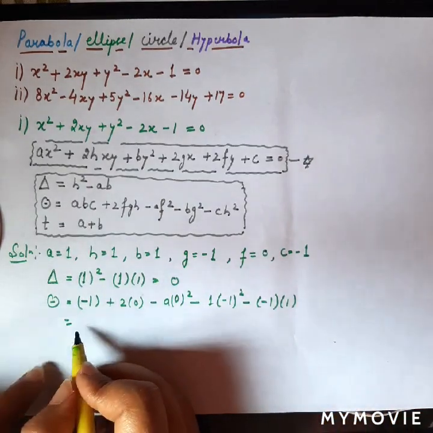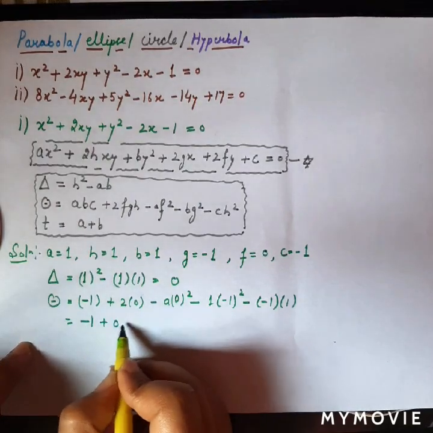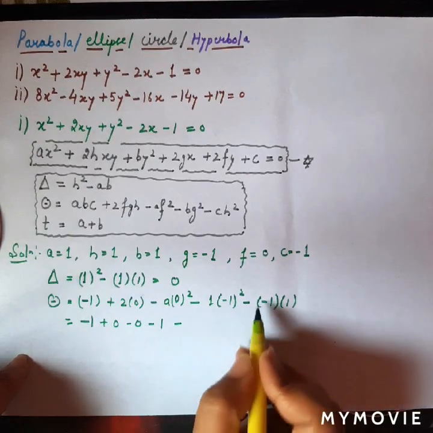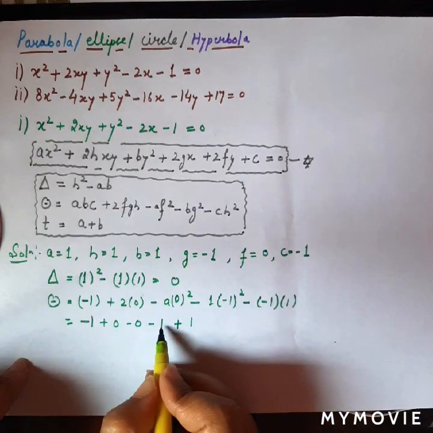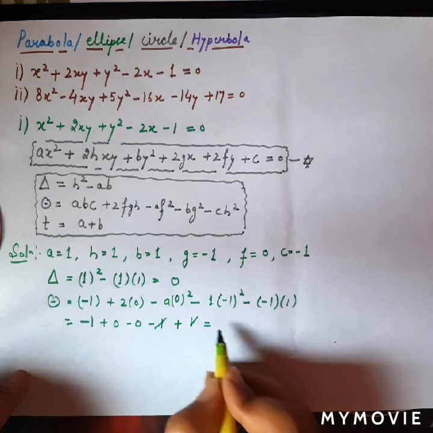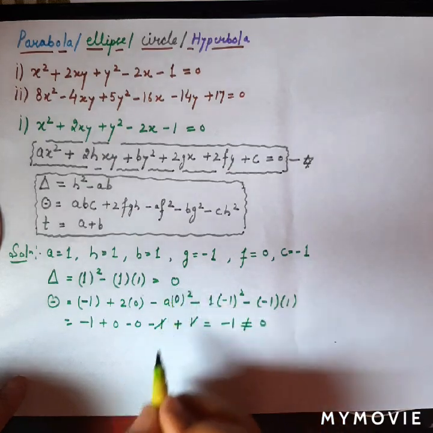After solving, minus 1, then 0, 0, minus 1 plus 1 cancels out and we are left with minus 1, so phi is not equal to 0.